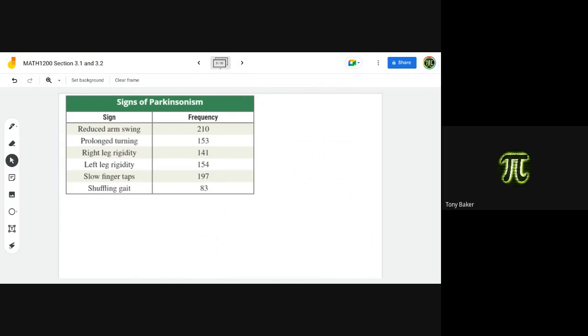So how would we do that exactly? 210 divided by 467. That's what you're doing for the first one.